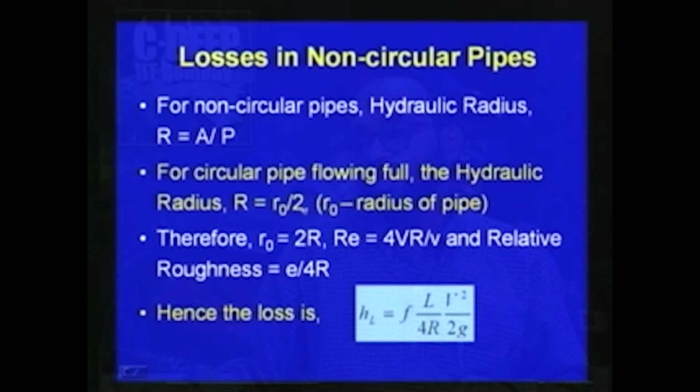Here R0 is the radius of the pipe, so R is equal to R0 by 2, therefore R0 is equal to 2 times the hydraulic radius. If you want to find the Reynolds number, the Reynolds number is Vd by nu for the pipe, where nu is the kinematic viscosity, D is the diameter of the pipe, and V is the velocity.